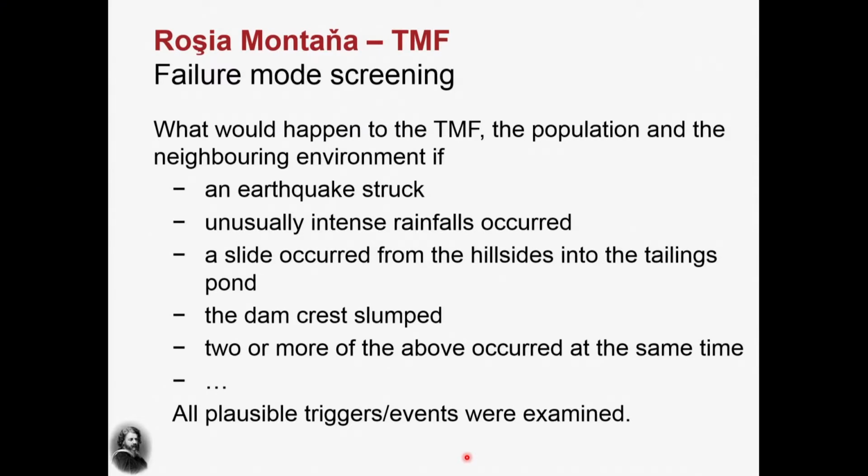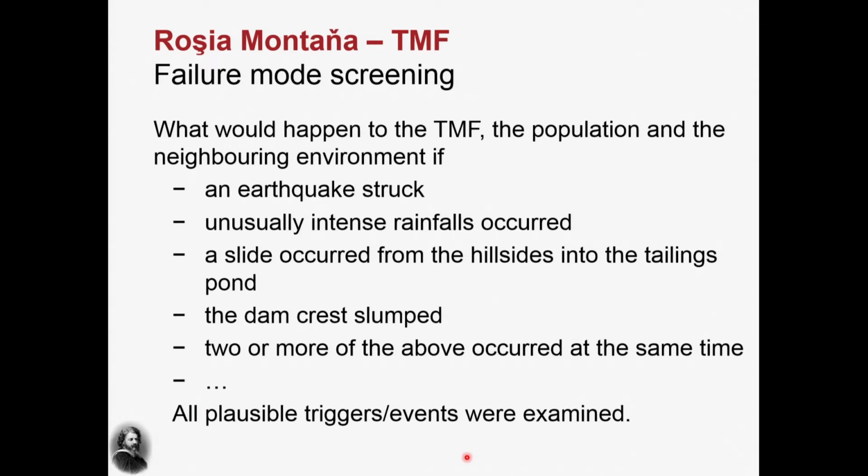So in Rosia Montana, the most important part in these processes is to screen the different types of failure. So we had to answer the question, what would happen to the dam and the population downstream and maybe the environment if there's an earthquake, if there's very, very large rainfall, if a slide occurred on the hillside into the tailings ponds, if the crest of the dam slumped, or 2 or more of these things happened at the same time.